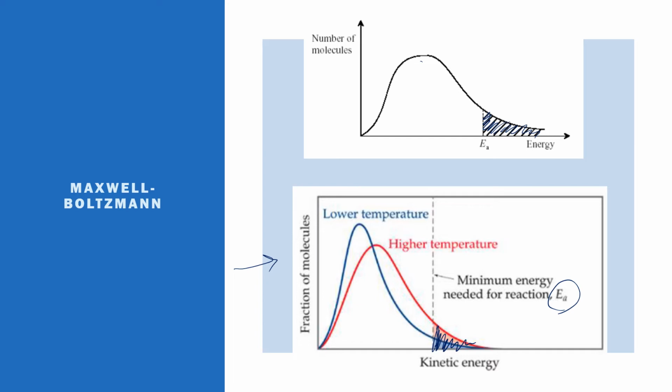So at a higher temperature, more particles have enough energy to react. All right. Another thing that you should remember about changing the temperature for a reaction is that it's going to change the value of your rate constant K. So it changes your kinetic energy. It changes how many particles have enough energy to overcome the activation energy barrier. And it changes the value of your rate constant K.